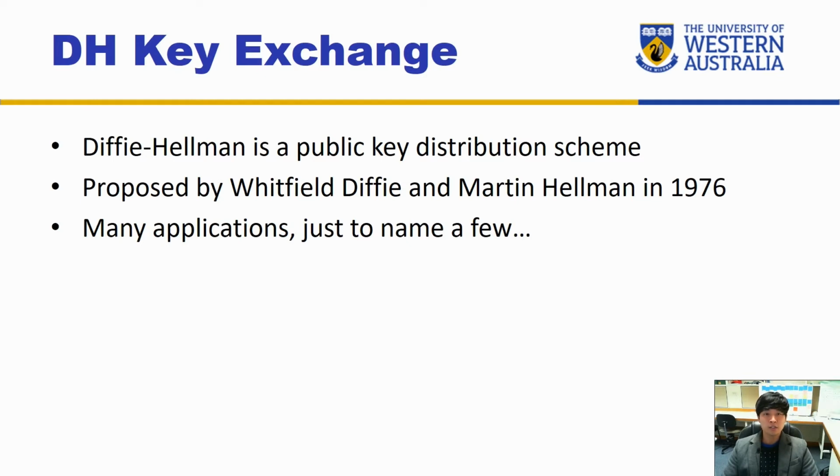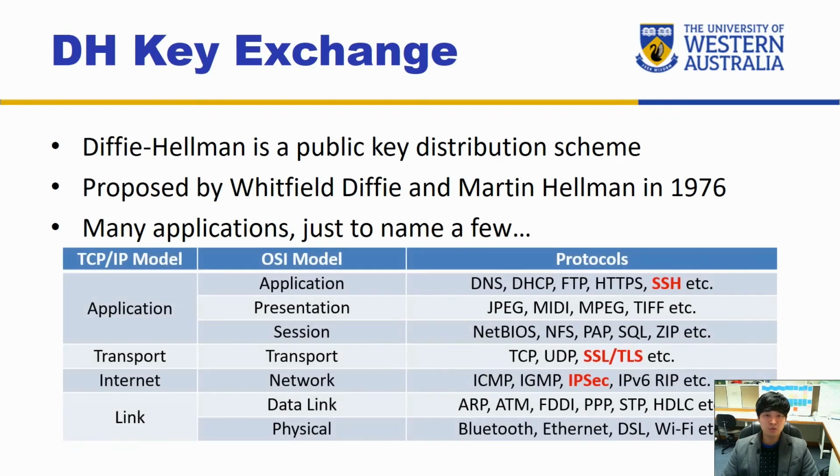It was proposed by Diffie and Hellman back in 1976. It gets used in SSH, secure shell, SSL or TLS, as well as IPsec, protocols that secure our networks today.